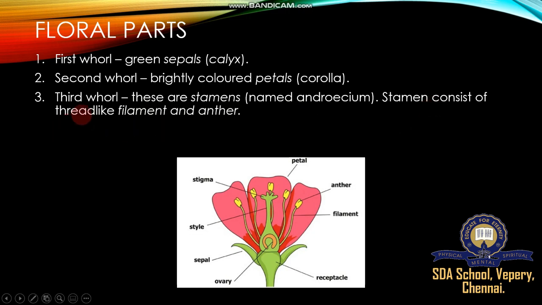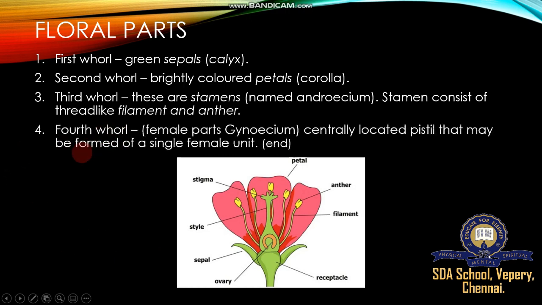Stamens consist of a thread-like filament and an anther. The filament is the long stalk-like part, and the anther lobe, or microsporangia, is present on it. Then the fourth whorl, the female part, gynoecium, because the innermost whorl is called the gynoecium, a centrally located pistil that may be formed as a single female unit.